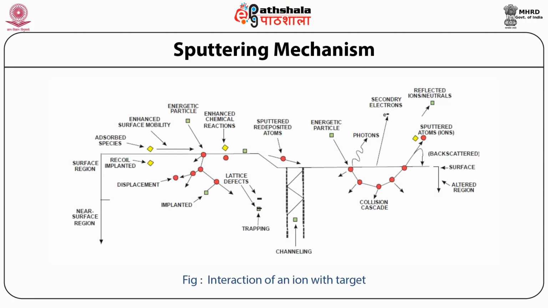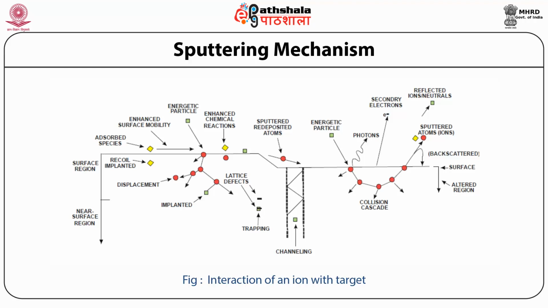The figure given here shows the interaction of an ion with the target, or the mechanism of sputtering that we have discussed in the previous slides. In the given figure, we can see the absorbed species, then the energetic particles, some enhanced chemical reactions, photons which are ejecting out, the secondary electrons which are ejected, and the sputtered atoms or ions that are being given out.